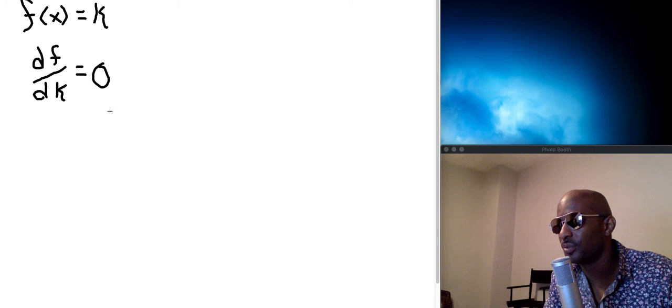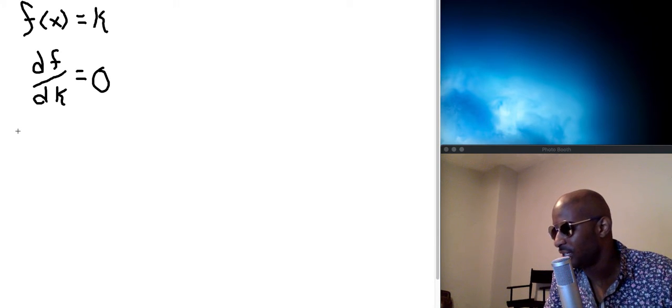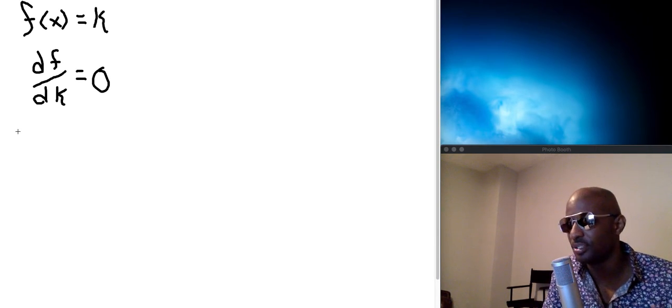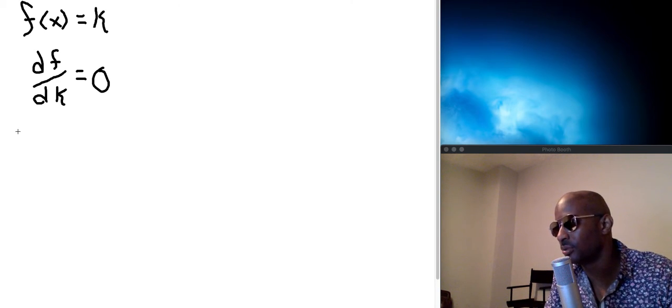And then we can expand on that a little bit further, because we can also do the constant multiple rule.